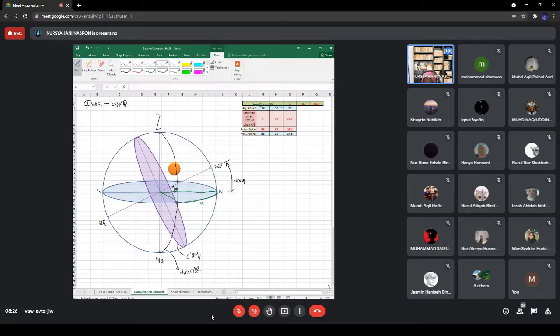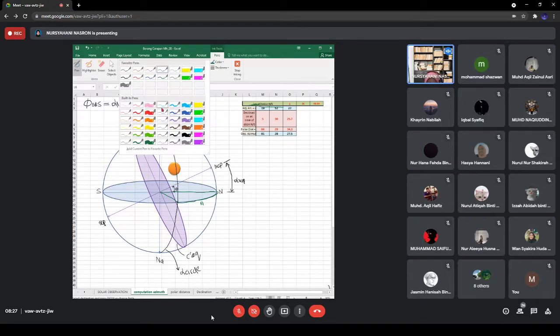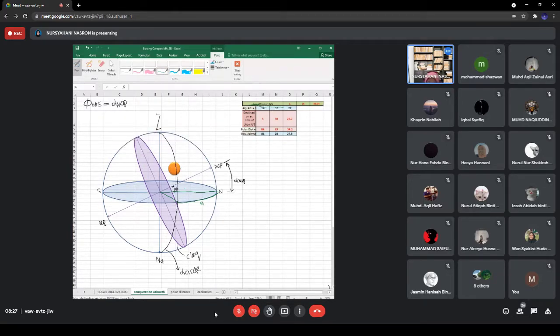Altitude we can refer from the adjusted altitude, that is 90 degrees 52 minutes 27 seconds.